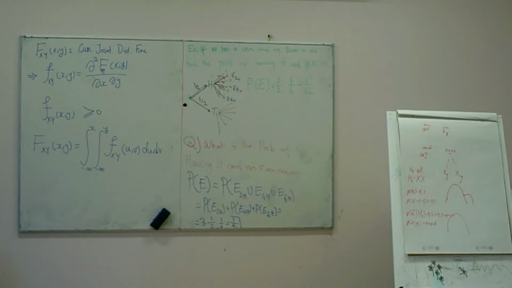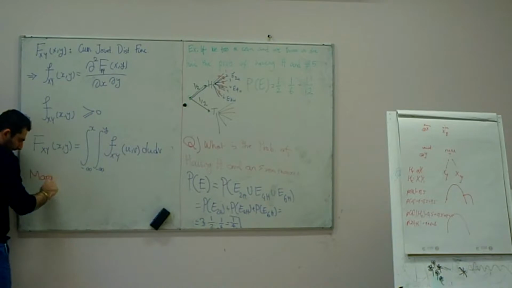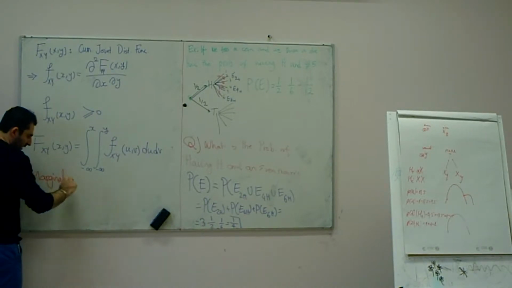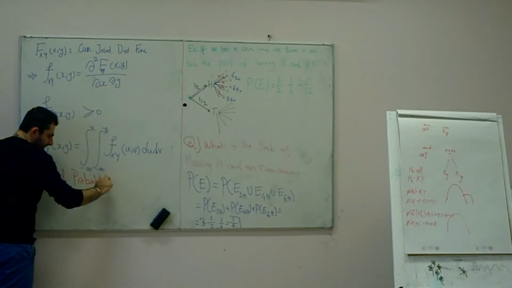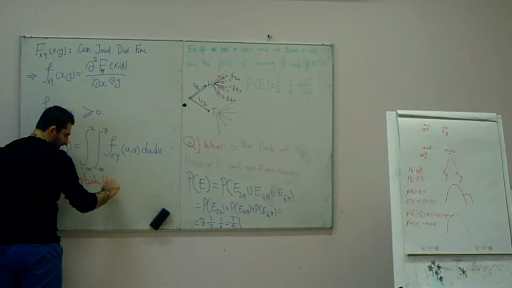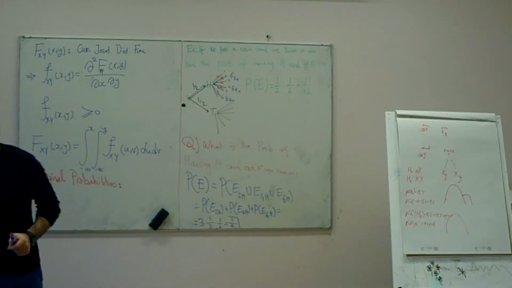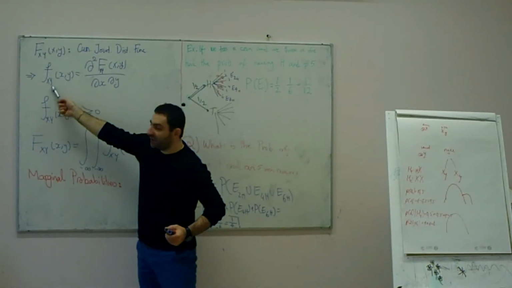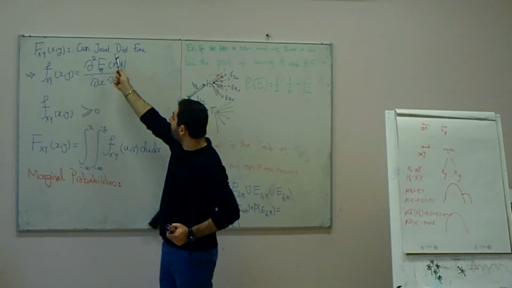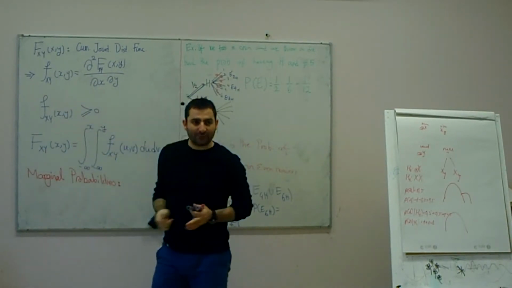Now, we have to define something which is called marginal probabilities. If I have the joint function, which is f of x and y, or if I have it in the cumulative form, I always get f of x and y, so you always have f of x and y in hand.